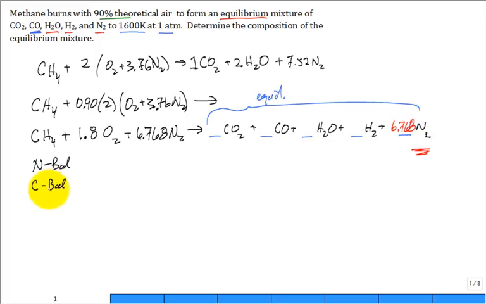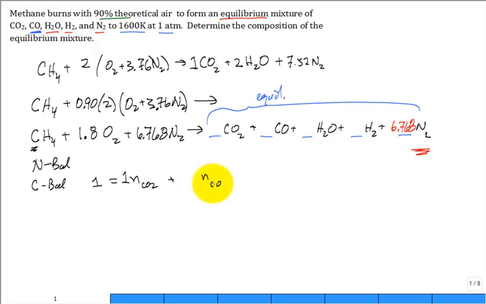It used to be where we say, well, there's one carbon here. And, well, I don't know how many moles in equilibrium of carbon dioxide I'll have. But for each mole of carbon dioxide, I'll have 1 mole of carbon with it. I also won't know how many moles of carbon monoxide I have in equilibrium of the products.